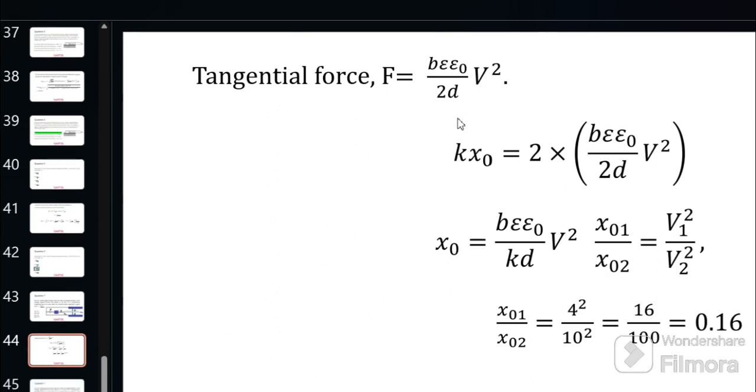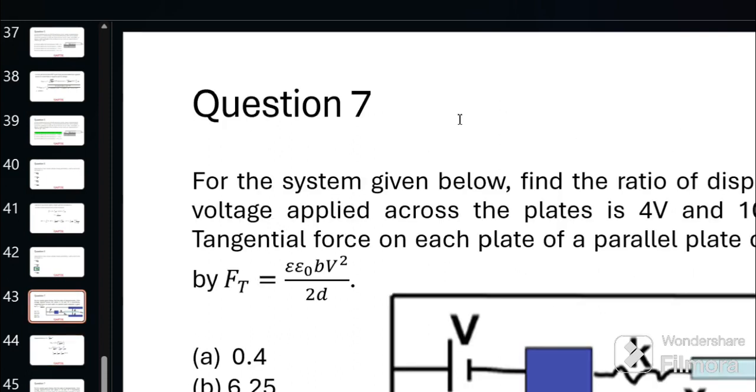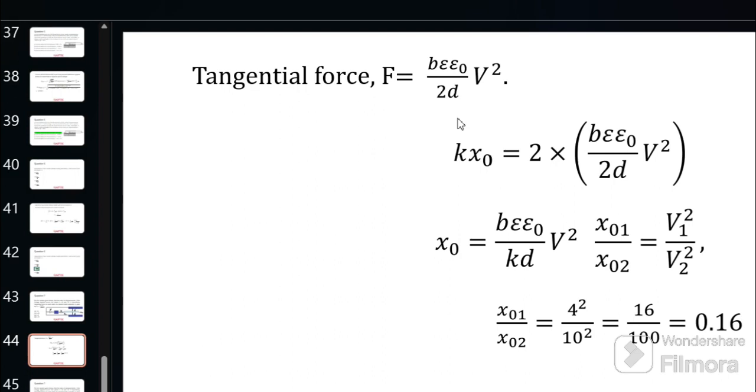We equate the tangential force with the mechanical force, and since the forces are acting from two directions, upwards as well as downwards, we multiply the force by 2.